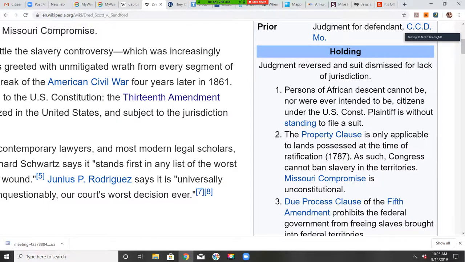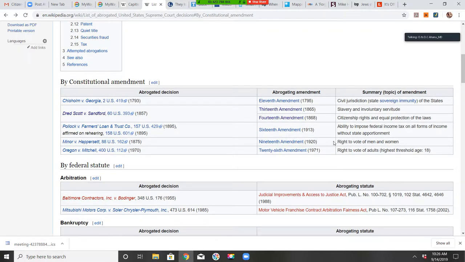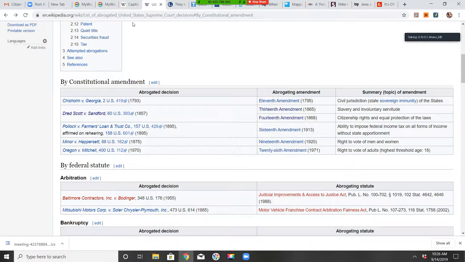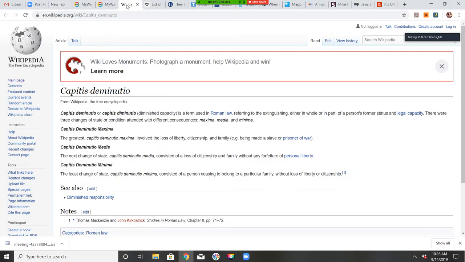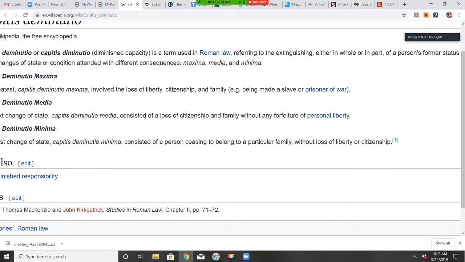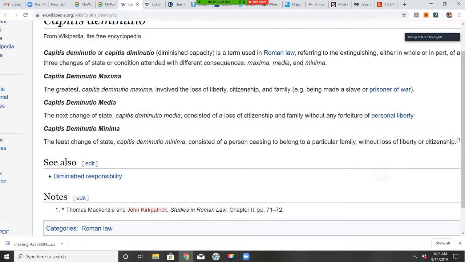I've taught you that the 13th Amendment did not ban slavery totally. I'm going to show you something here, because slavery works a couple of different ways. You can ban a part of slavery, but not all of it.